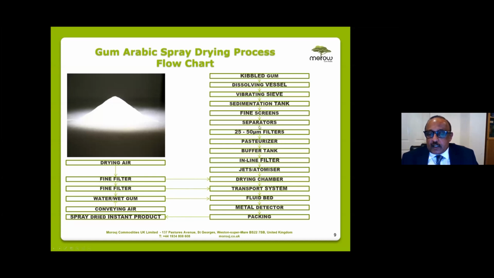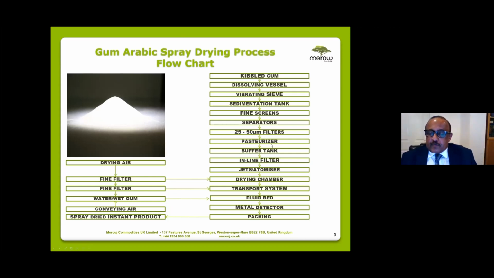The centrifuge removes the heavy fine impurities by centrifugal force, and then the gum solution goes to the next step, ultrafine filters like 25 and 50 micron size, sometimes called bag filters. The purpose of these filters is to remove the lightweight fine impurities, because sometimes they float or are very difficult for the separators to remove.